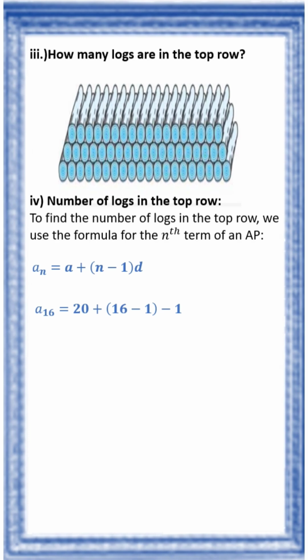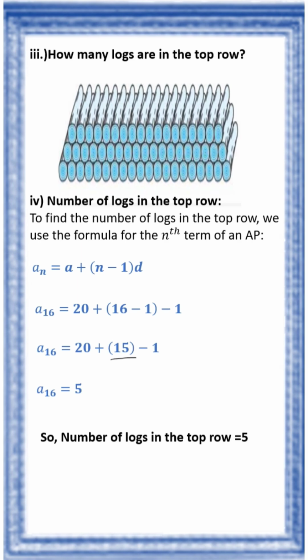So this is 15 into minus 1. 20 plus 20 minus 15. a16 is equal to 20 minus 15, that is equal to 5. So the number of logs in the top row is 5.